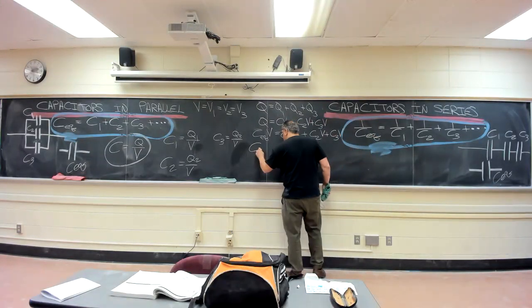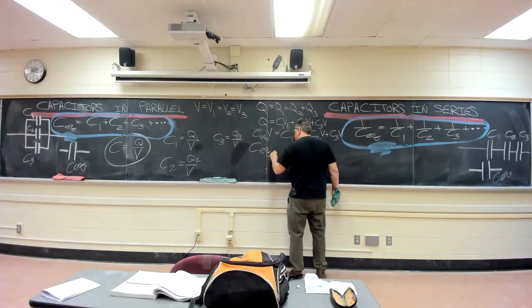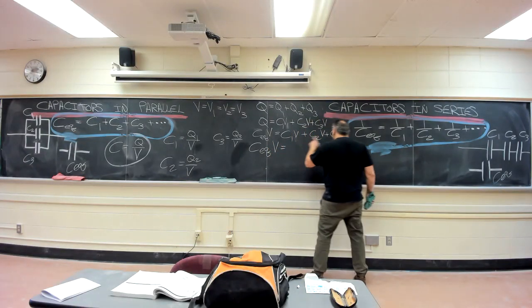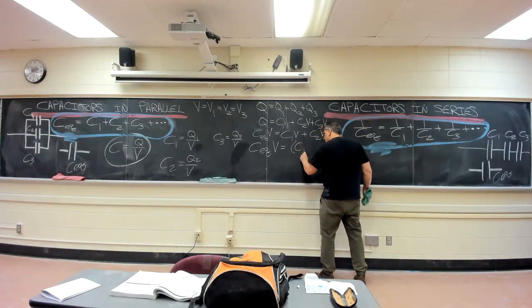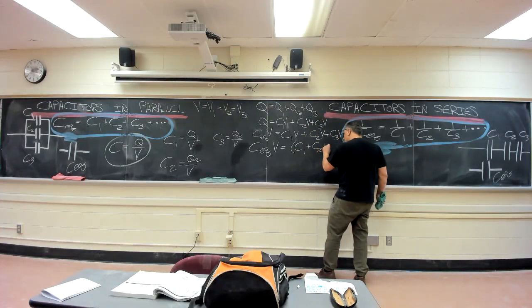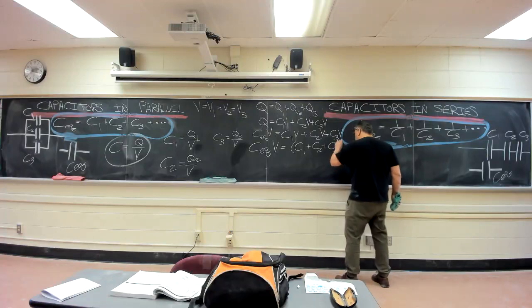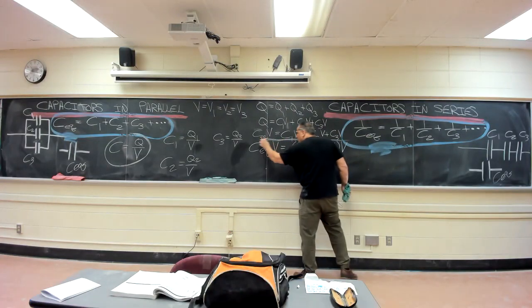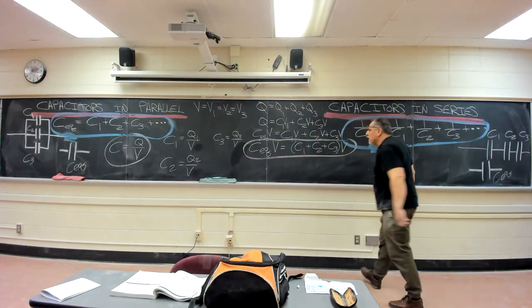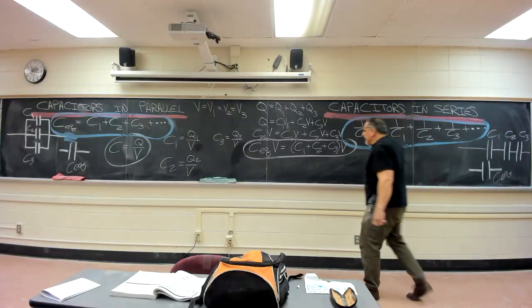Wait a minute here. There's a V on every term. Divide by V on each side.